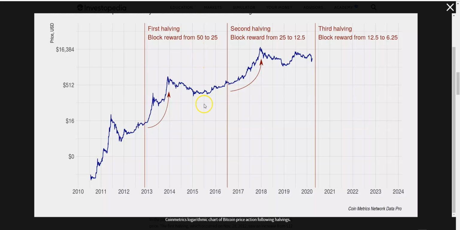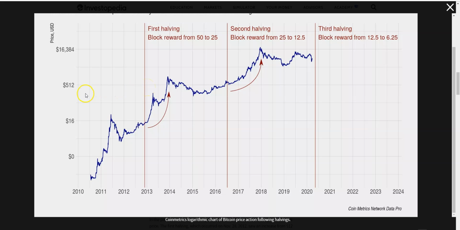So this is the Bitcoin halving chart. If you know anything about the tokenomics of Bitcoin, Bitcoin gets mined at a certain rate, and then that rate gets halved every 4 years. After each 4-year cycle, the scarcity of Bitcoin gets higher, and this results in its increased price.